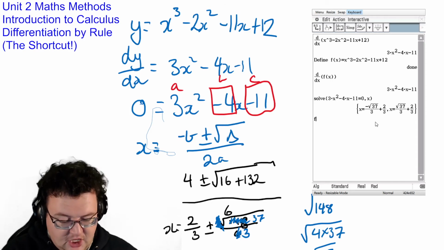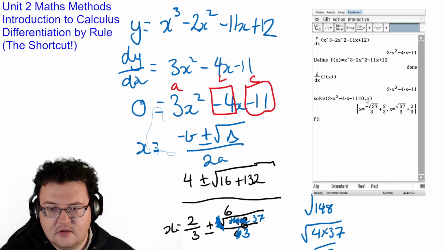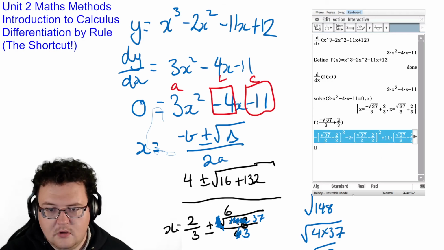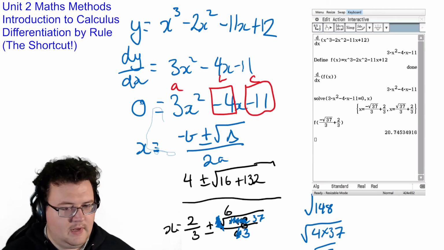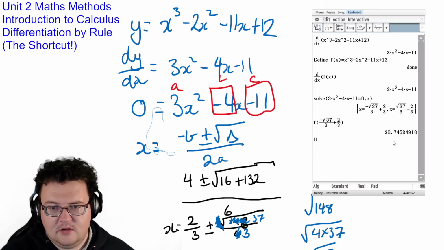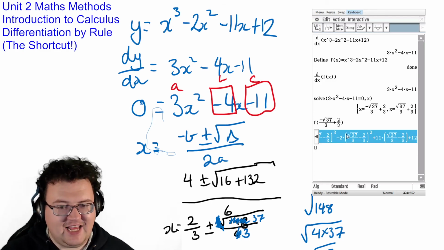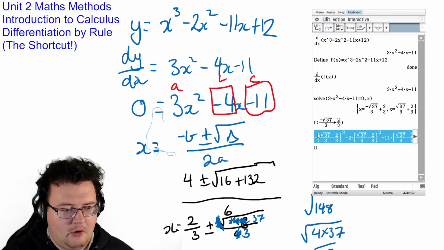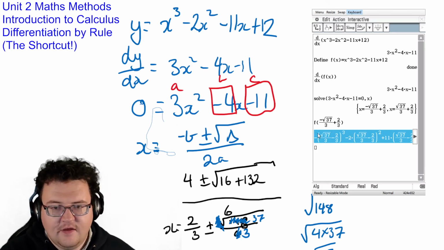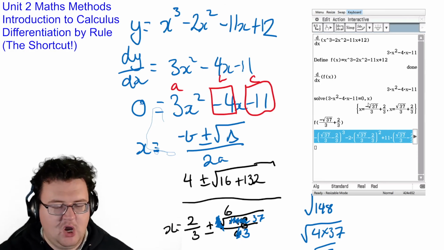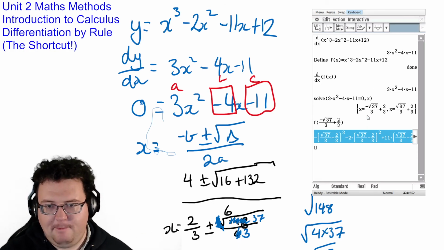Now what I can do is go f bracket and it will spit out an answer for me. Unfortunately, the easiest way to represent it is literally how the CAS has done it there. There is no nice, quick, easy way to represent it.